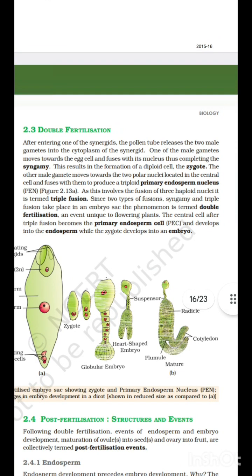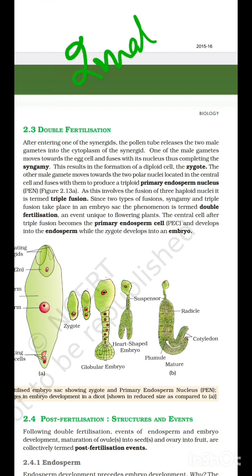After entering one of the synergids, the pollen tube releases two male gametes into the cytoplasm of the synergid. One of the male gametes moves to the egg cell and fuses with the nucleus, thus completing syngamy. The two male gametes enter the embryo sac through the synergids.